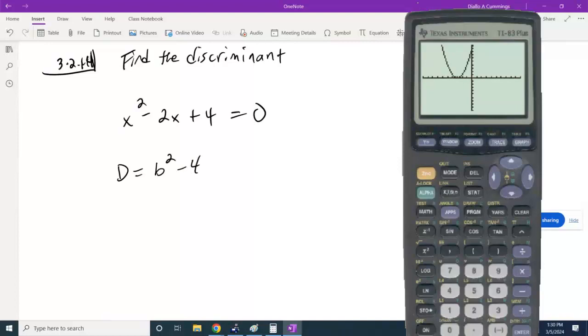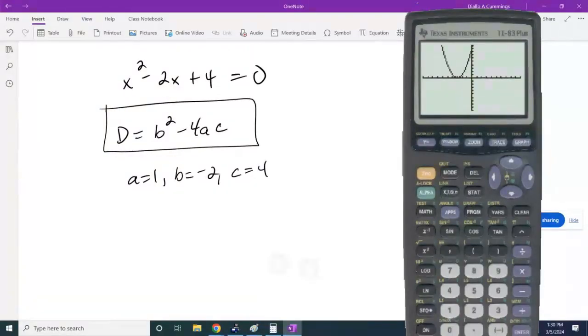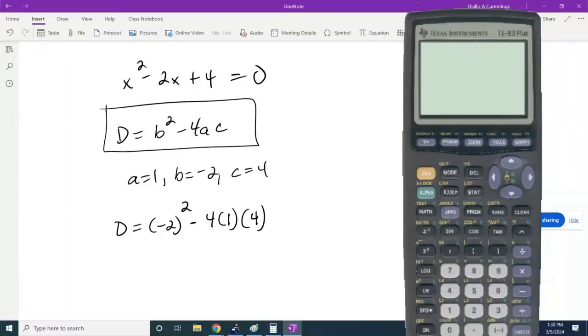That's equal to b squared minus 4ac. A is going to equal 1. B is equal to negative 2. And c is equal to positive 4. And I'm just going to substitute into the formula. So d is equal to negative 2 squared minus 4 times a, which is 1, times c, which is 4.